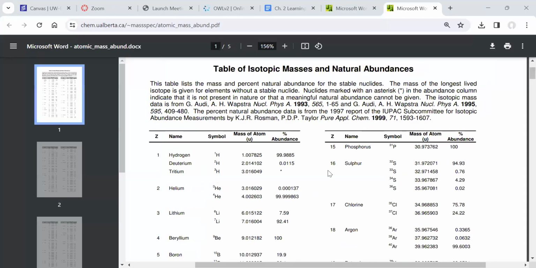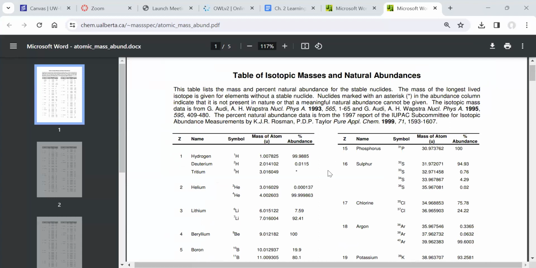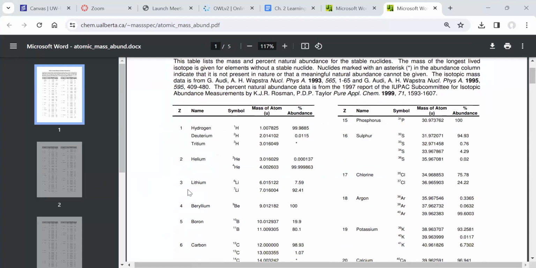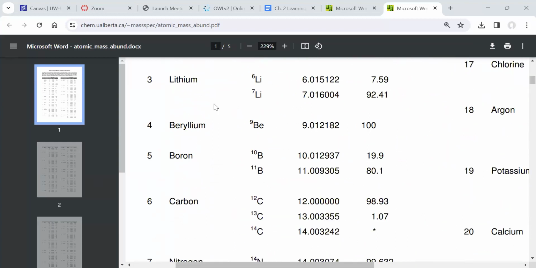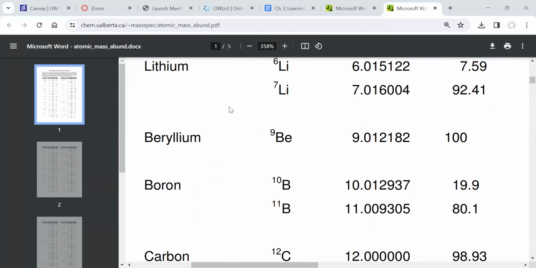Okay. Now, this is the abundance of naturally occurring isotopes in nature. So, if we take lithium, let me see if I can make this bigger. Yes. There are 2 lithiums found in nature, lithium-6, lithium-7. This is the percent abundance, and this is the mass of lithium-6. This is the mass of lithium-7.